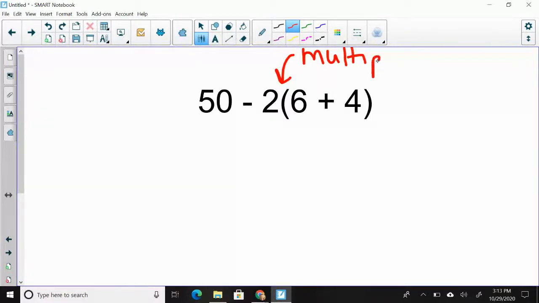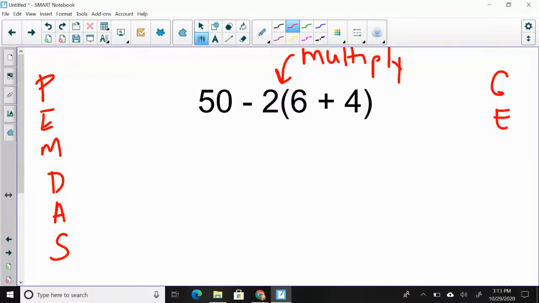So 50 minus 2 times the quantity of 6 plus 4. So if we are using our acronyms or our mnemonic devices to remember the order of operations, we are going to look for parentheses or groupings. And we have 6 plus 4 in a group or in parentheses. So we are going to do that first.